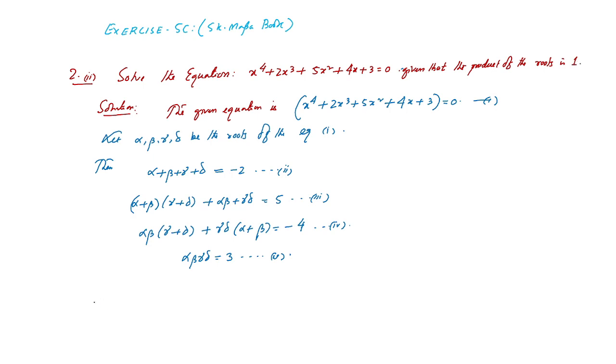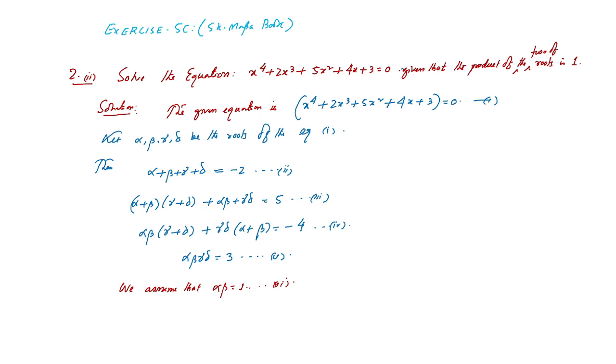So according to the given information, we assume that alpha beta equals 1. The product of two of the roots is 1. This is equation number 6. You can take alpha gamma, beta gamma, or gamma delta, no problem.